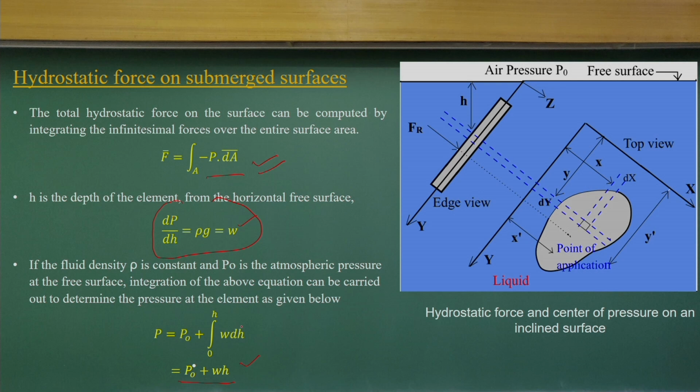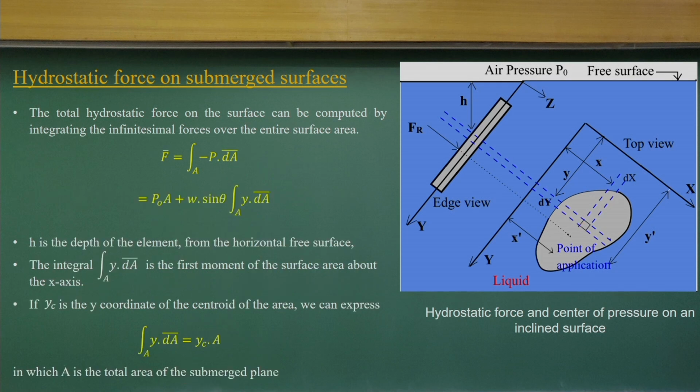Substituting that, at any point the pressure will come as the atmospheric pressure plus the unit weight of the water, or any liquid we are considering, times h, the vertical height. If you integrate these equations from 0 to h, you get the pressure at this elemental area dA.